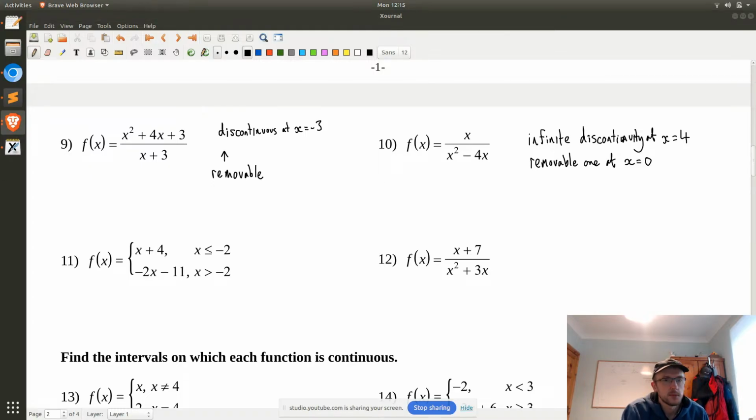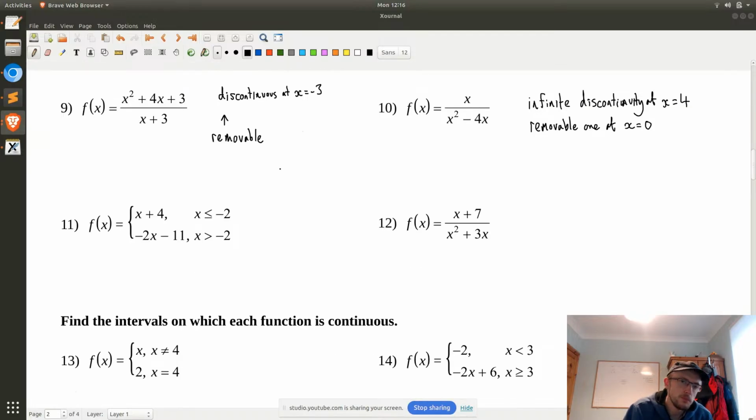Now, trying this one. Piecewise function x + 4 for x is less than or equal to -2, and -2x - 11 for x is greater than -2. So the linears are defined everywhere. It will be -2. That's of interest. Here, f of -2 equals 2.